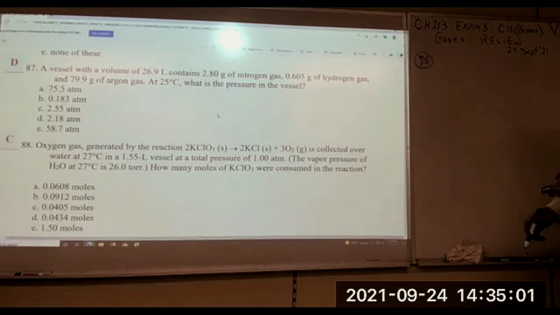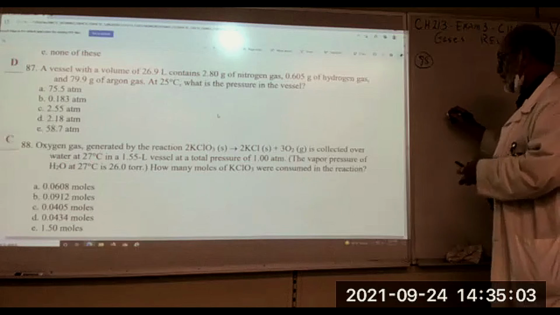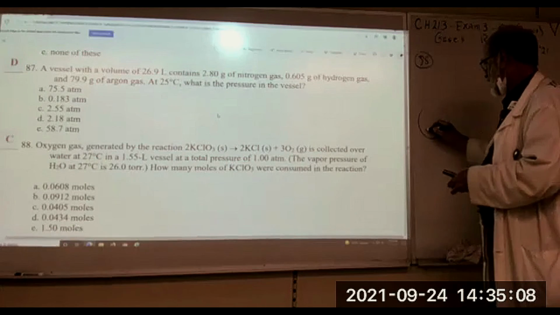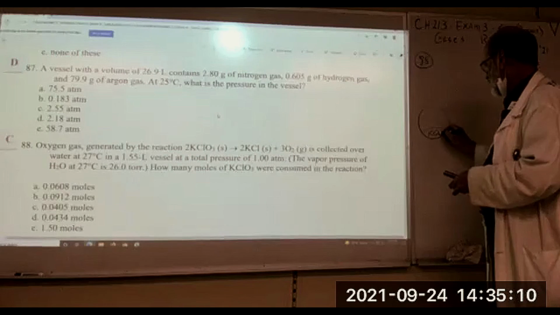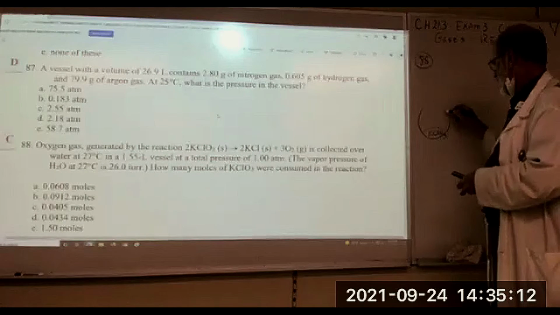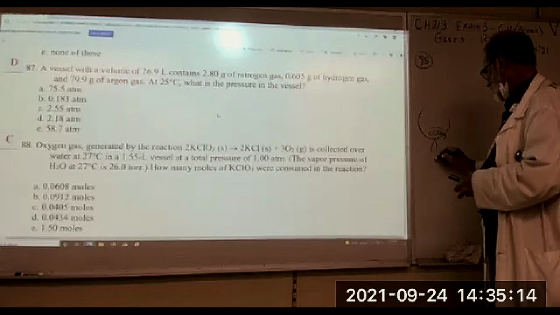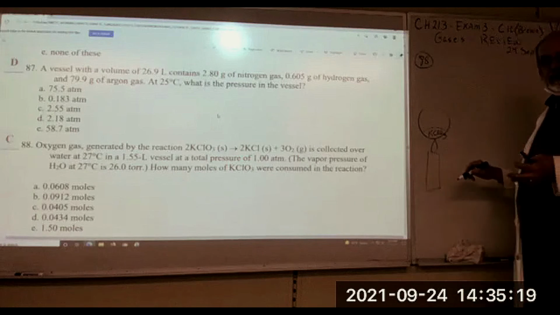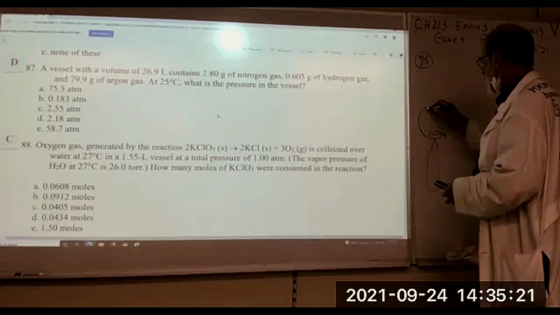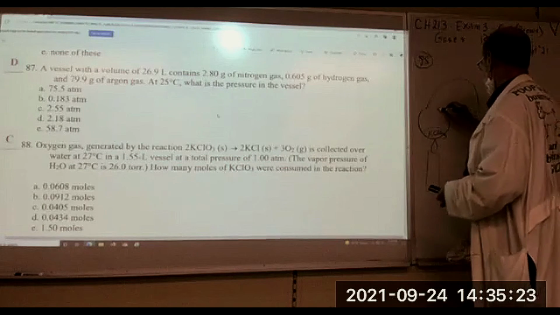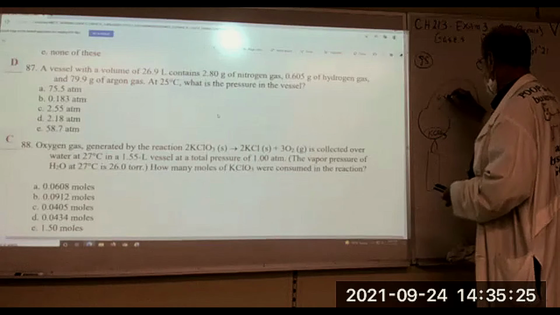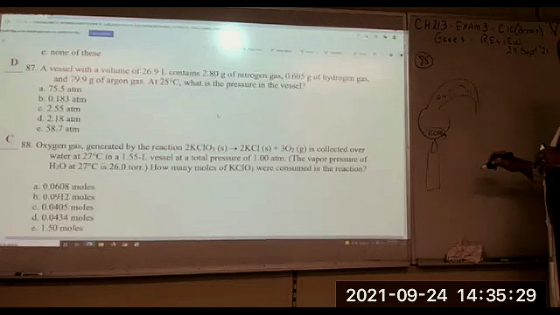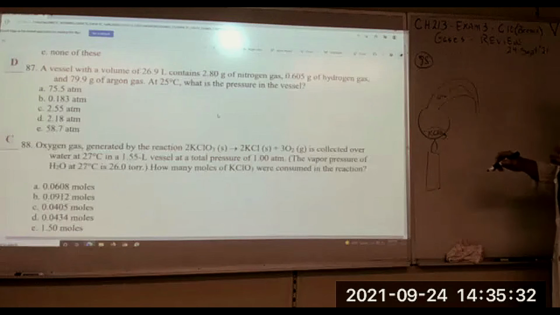So how does that work? I didn't show you this earlier in the lecture. So if you have the reaction in here, you've got the potassium chlorate, right? And you're going to heat it. That's how you make it decompose. And it gives off oxygen, O2. Well, we want to collect that oxygen and determine what volume is produced.